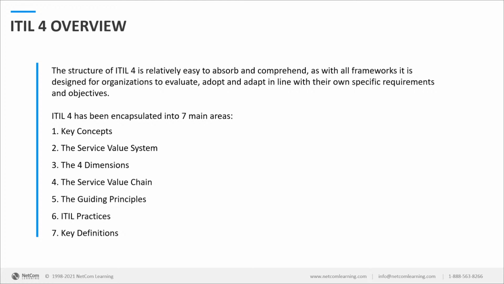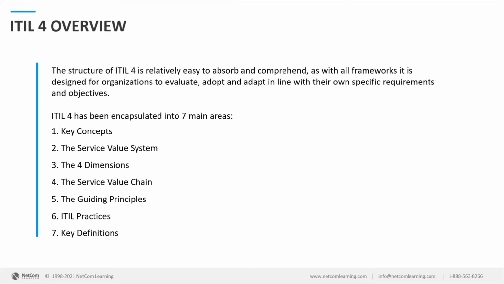To get into that detail, we may simply break up the entire ITIL into 7 areas or 7 components. The first is the key concepts. Key concepts will include the basic definitions and explanations about things like what is a service, what is service management, what is the definition of value, what is capability, and how values are defined.